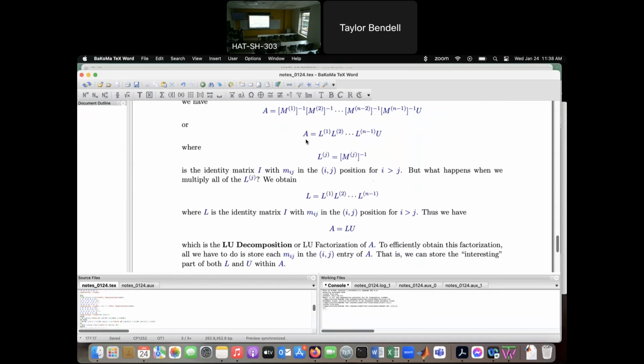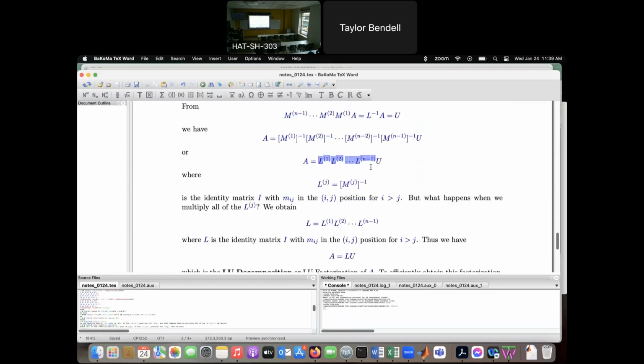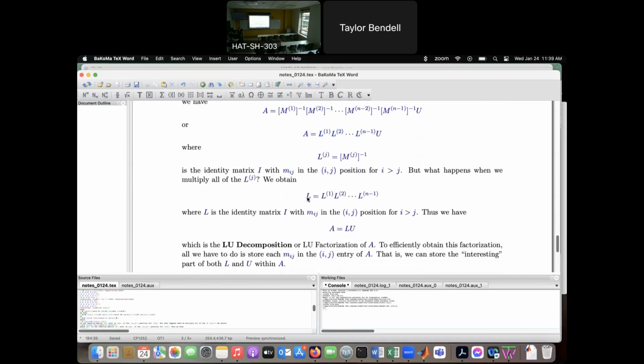So at this point, I have A written as a product of all of these L's times U. So now I'm going to define capital L to be the product of all of those. And what ends up happening is, when I multiply all of these together, the final matrix, capital L, is just the identity matrix along with each multiplier Mij in the ij position within the lower triangle.